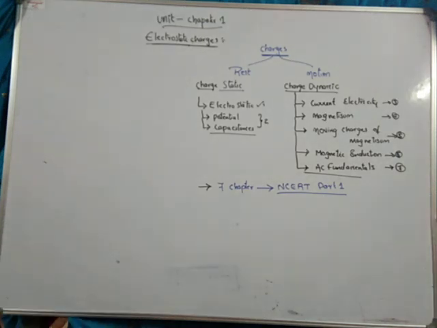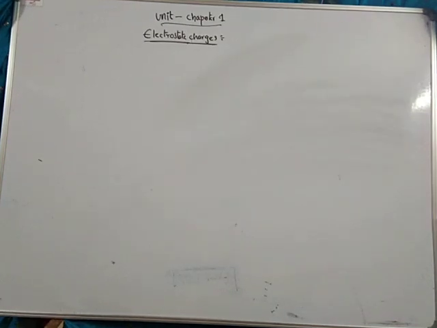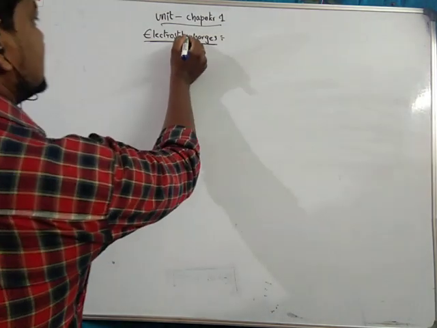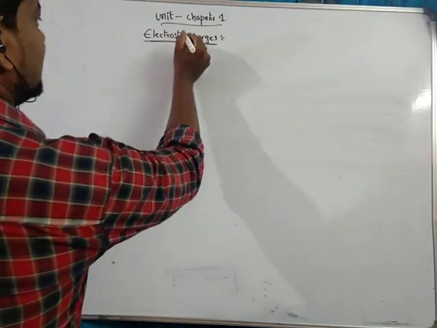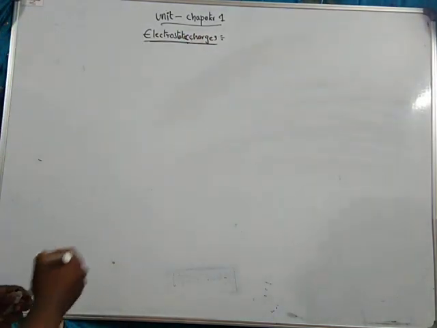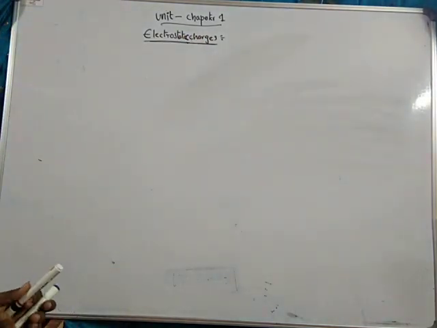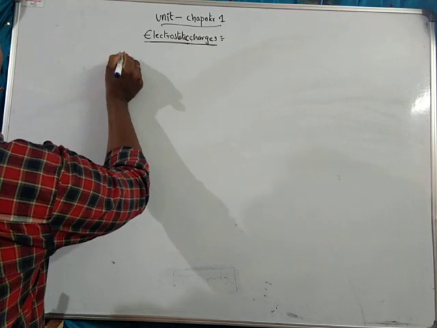Okay, now we will start the concept of electrostatic charges with clear definitions. So first we will define the first chapter, electrostatic charge. Already we defined static is nothing but the charge we study in rest. So first of all, what is a charge?